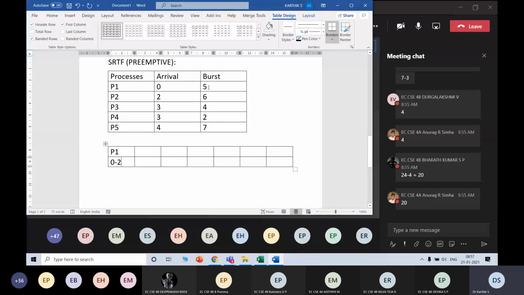The remaining time of P1 is reduced by 2, so from 5 it is reduced to 3, whereas P2's remaining time is 6. The minimum is still P1, so it will not do any context switch and will continue for one more millisecond.